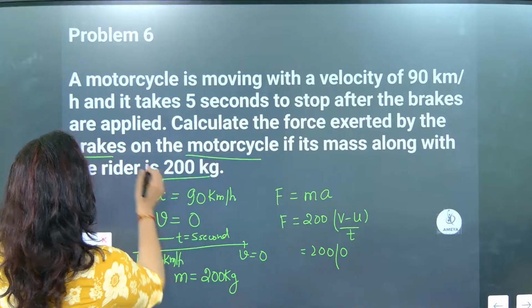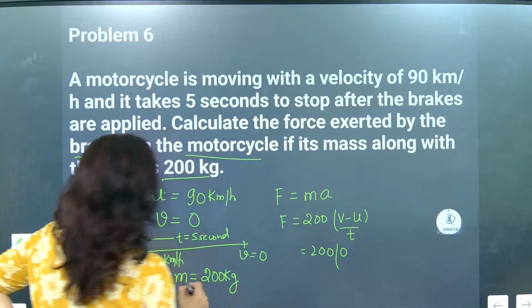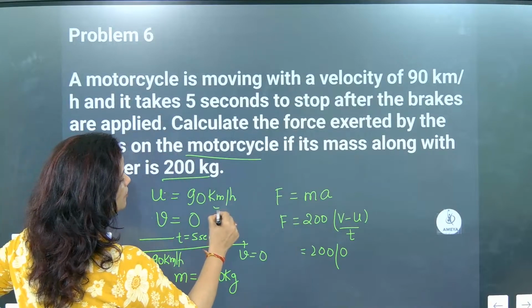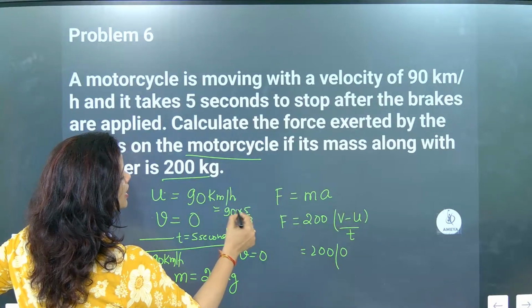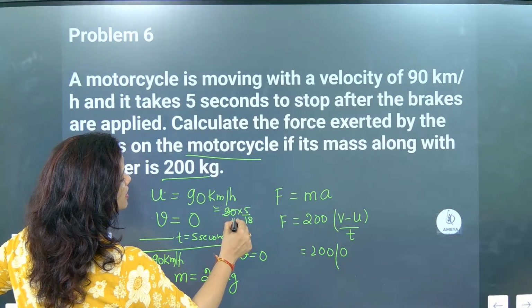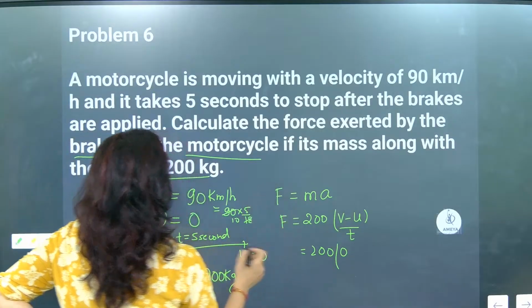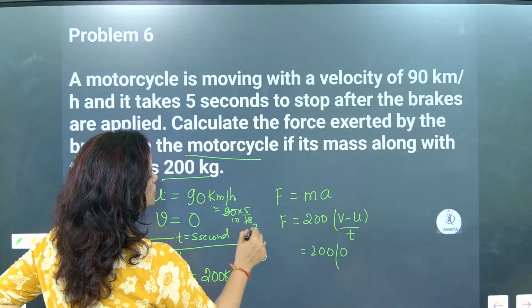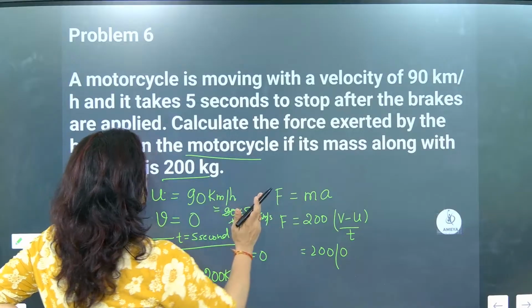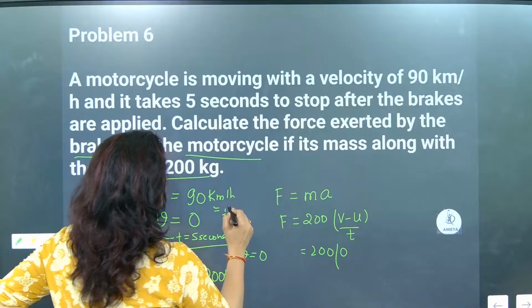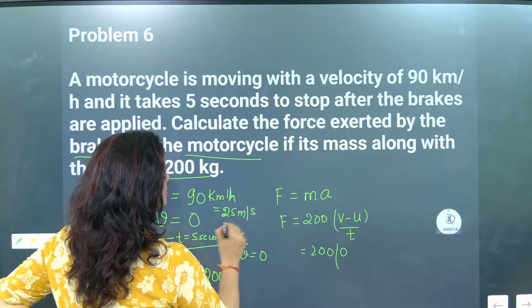Now look here, it is given in kilometer per hour, so we convert to meter per second. 90 kilometer per hour means times 5 by 18. 9 tens are 90, so it comes as 25 meter per second.